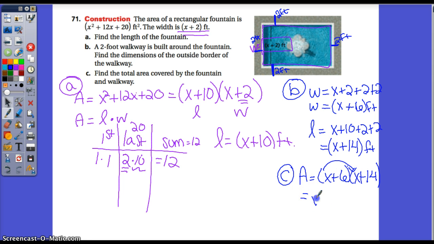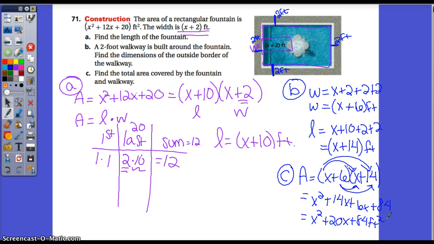X times x is x squared. X times 14 is plus 14x. Plus 6 times x is 6x. Plus 6 times 14: 6 times 10 is 60, 6 times 4 is 24, and 60 plus 24 equals 84. So we get x squared plus 20x plus 84 feet squared.